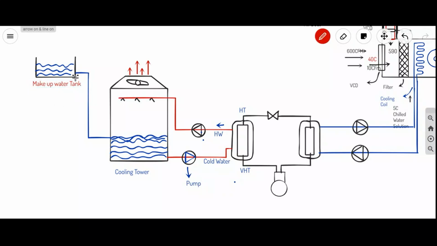In this makeup water tank, we have a floating valve. Whenever the water level decreases, the makeup water tank will supply water to the cooling tower. Now this hot refrigerant will move to the expansion valve.